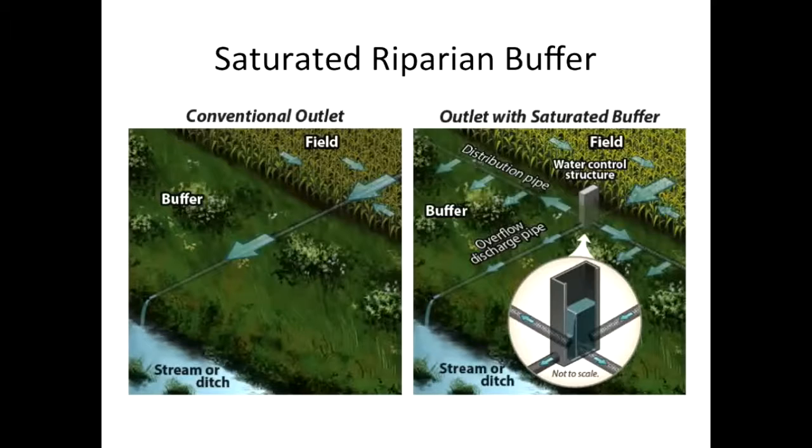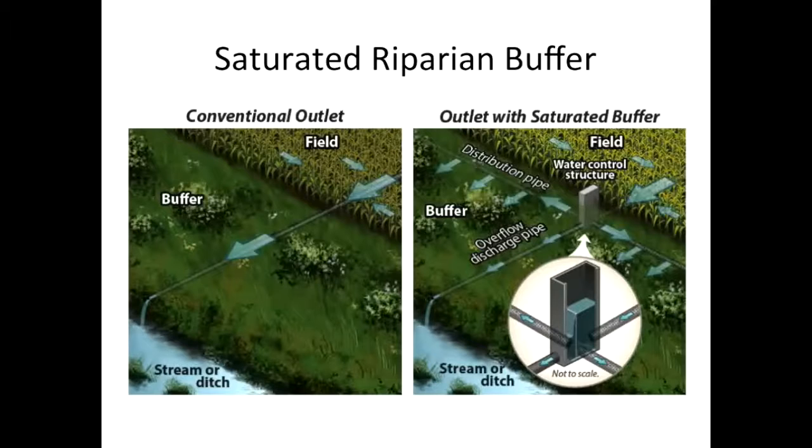So it's something that we thought we should put out there because of the importance of nitrate reduction in this region. Okay, and so you distribute this water across that riparian zone and allow it to move through there.